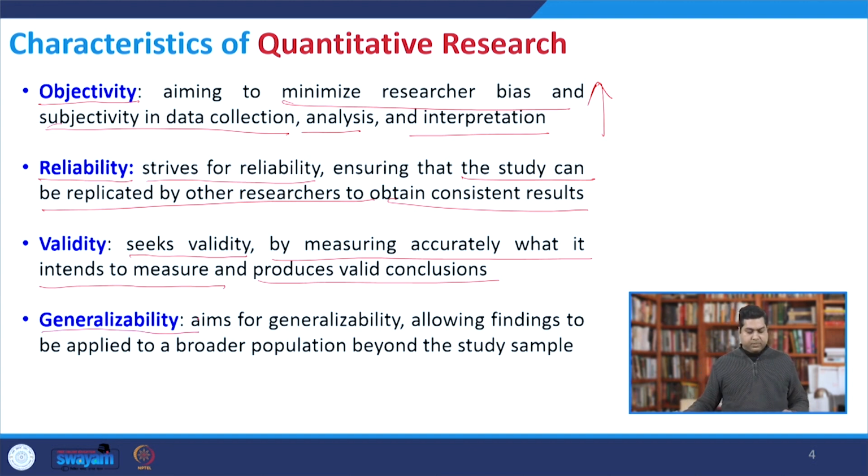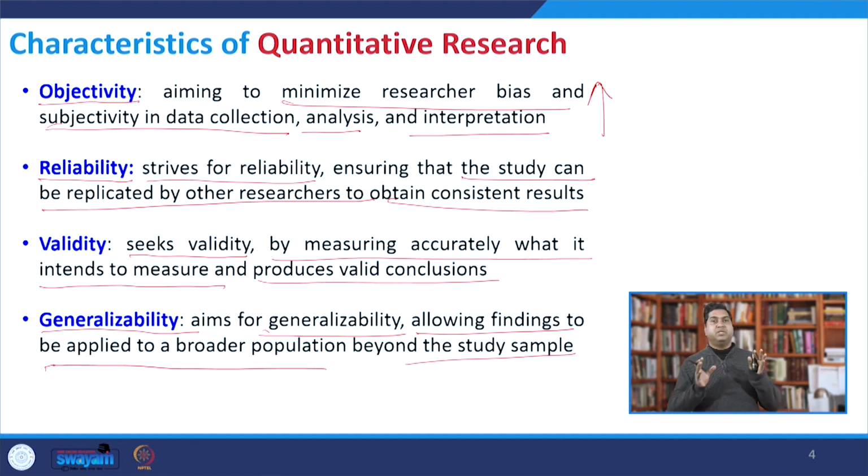Next is generalizability. It aims to generalize the findings, allowing them to be applied to a broader population beyond the study sample. That is what I have just mentioned. Suppose you conduct one study based on a sample of 500, 600 people, but it is done through a systematic process, through numerical data, and you find that there is a relationship between car ownership and mode choice for travel.